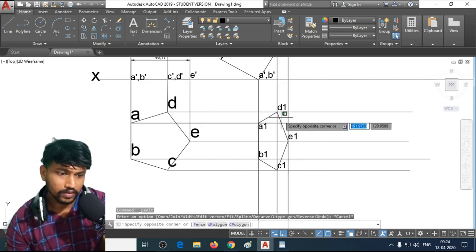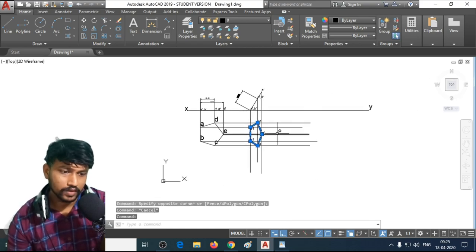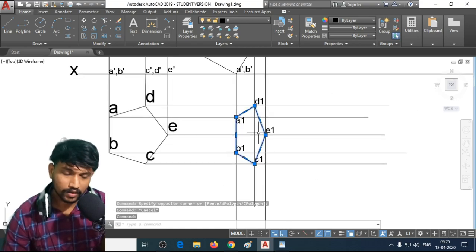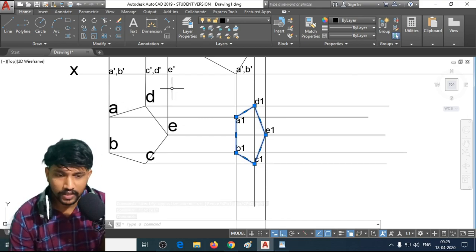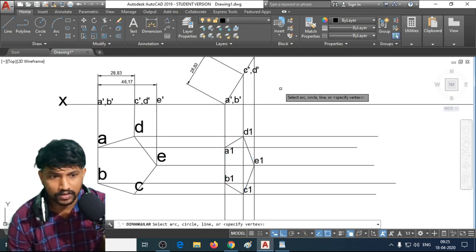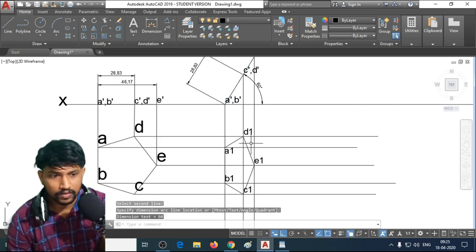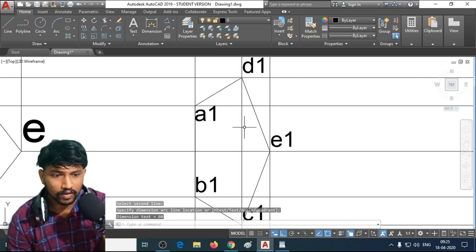So this is the one that we actually require. When you watch a pentagon of 30 mm side, which is perpendicular to the vertical plane and at an inclination of 60 degrees with the horizontal plane, this is how it is going to look from the top view.